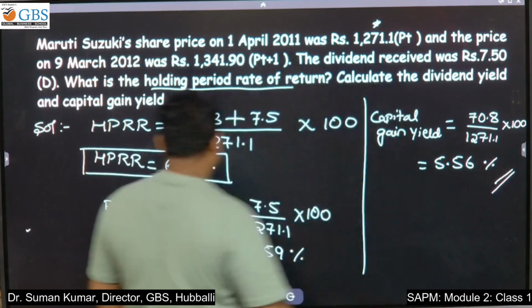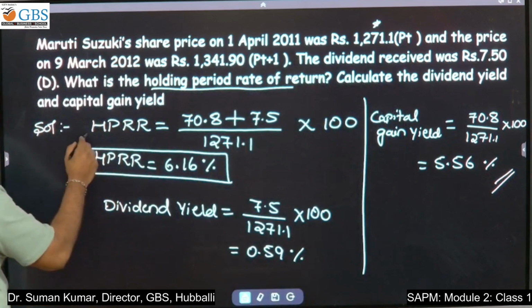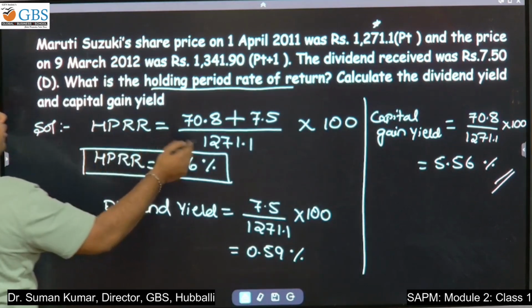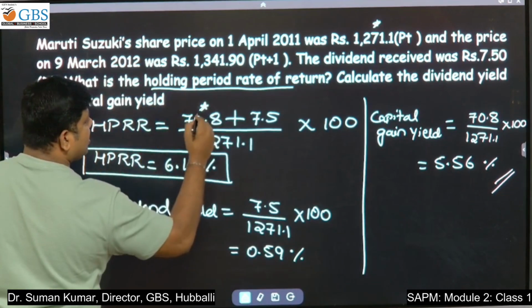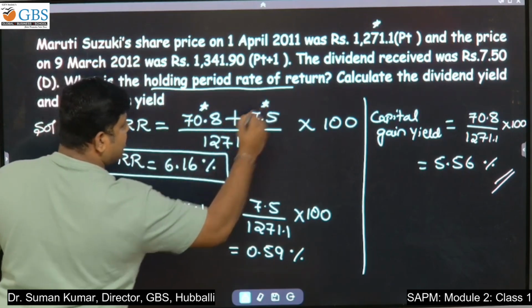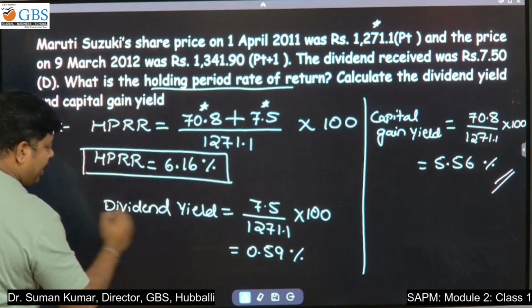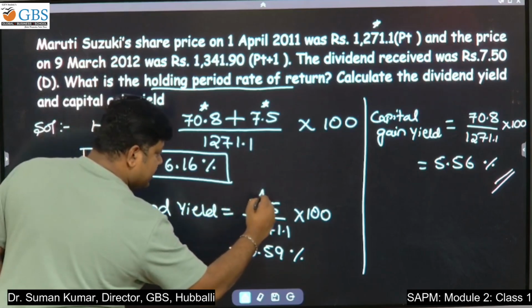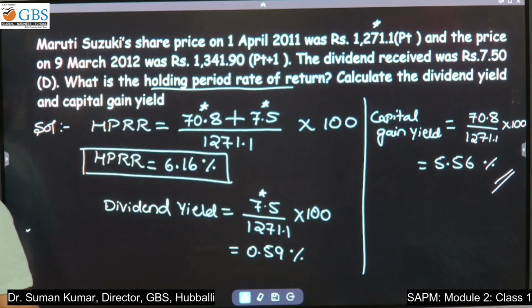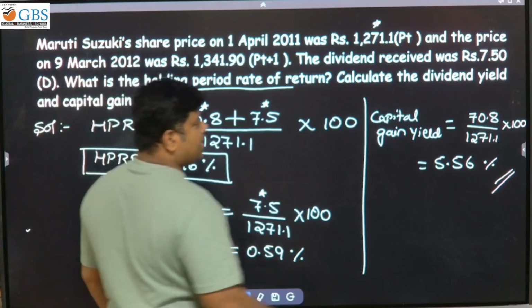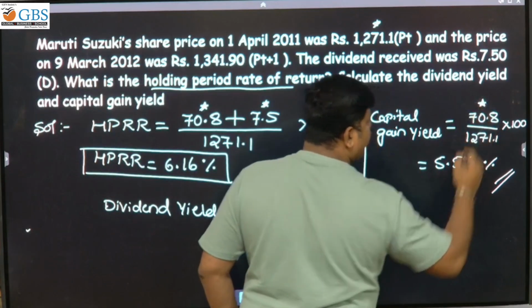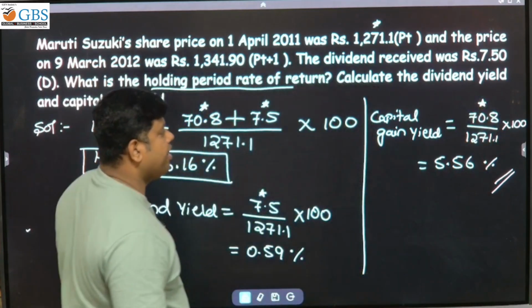That's it. So the holding period rate of return considers capital gain and also the dividend, divided by the purchase price, into 100. For dividend yield, we consider only the dividend, and for capital gain yield, we consider only the price difference amount. Very, very simple.